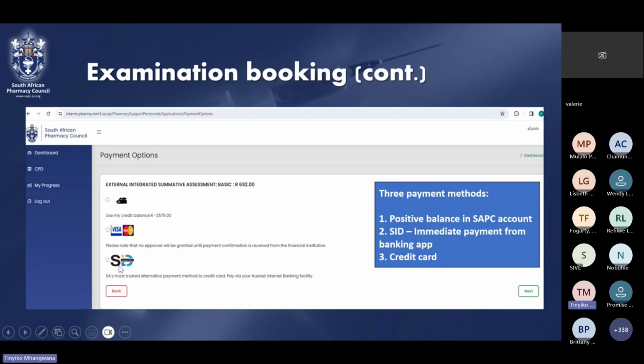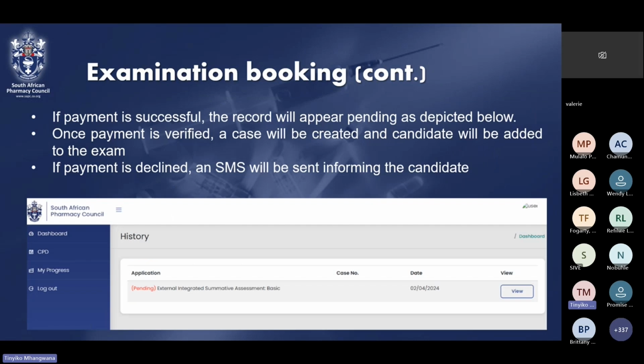After doing that, the money will be deducted from your account. As soon as that step is successful, you will see this page, which shows that you're in the process of booking. So your case will be pending, as you see that red part saying pending when you have booked.